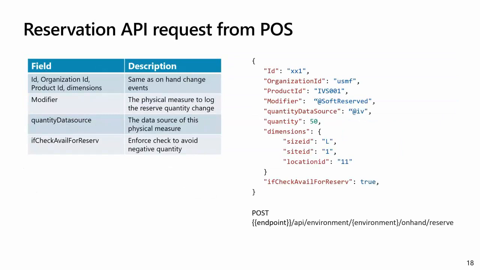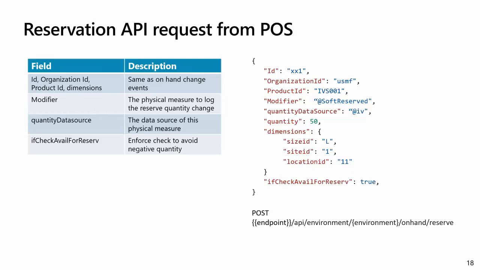This is what a soft reservation API request body looks like with a step on the previous page. Soft reservation request looks very much like the change events API we introduced in the previous TechTalk session, except for adding a few additional fields.